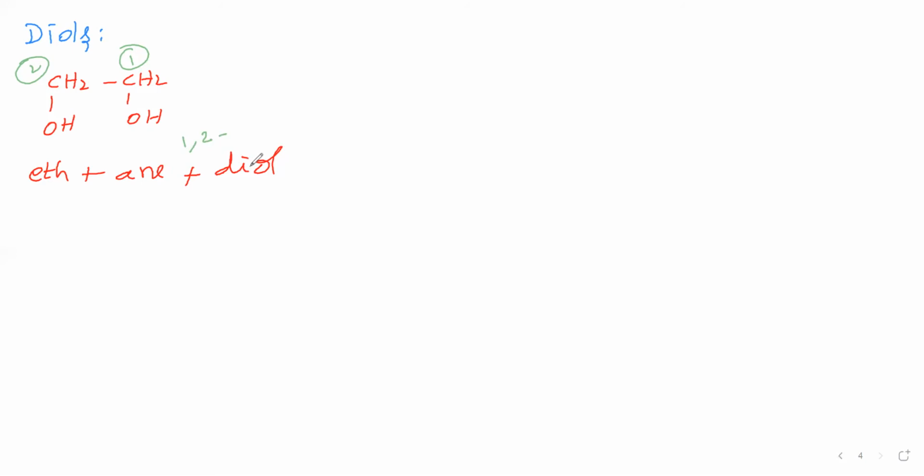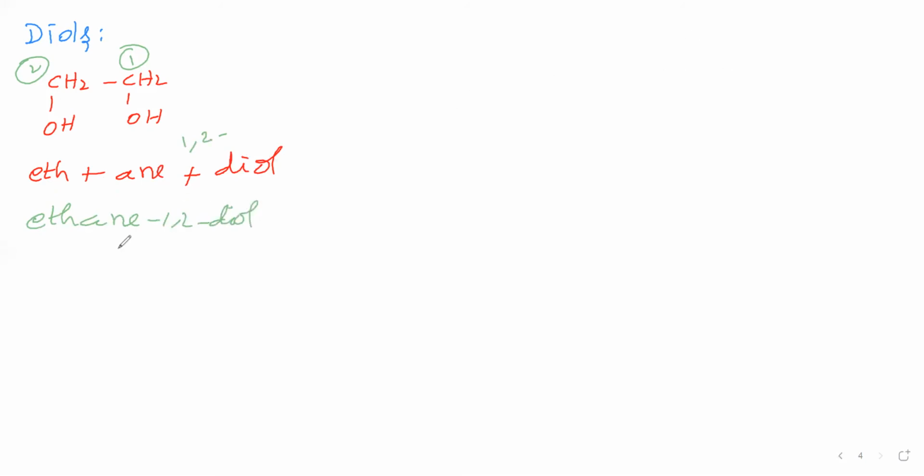For diol, triol like this, the primary suffix's last letter E we need not drop. So E let it be. Now we can say the name is ethane-1,2-diol.